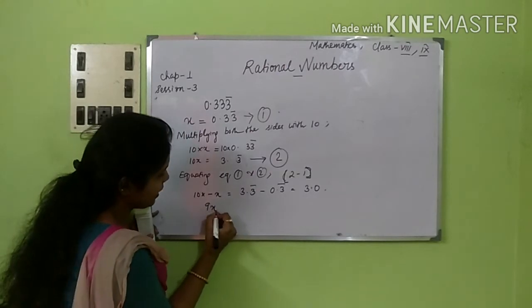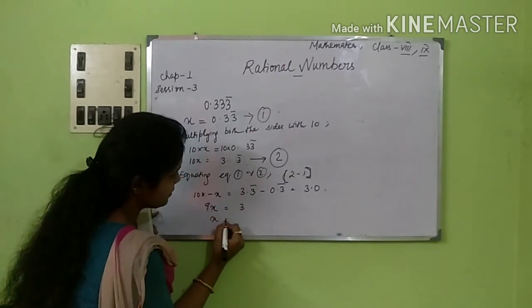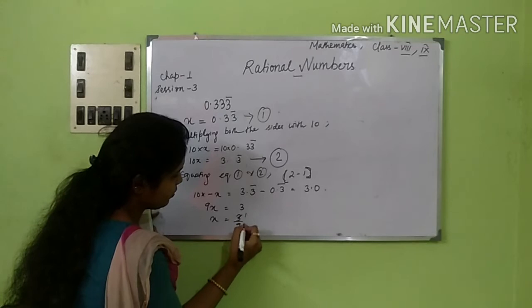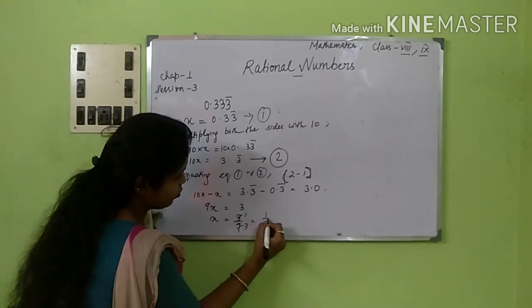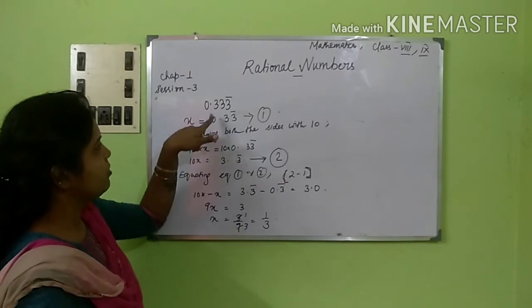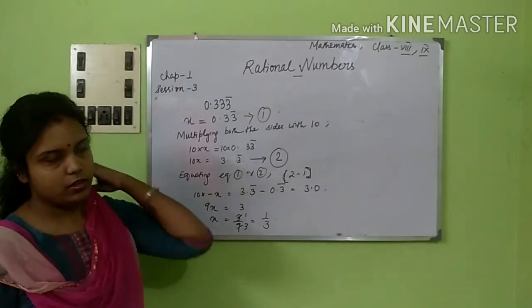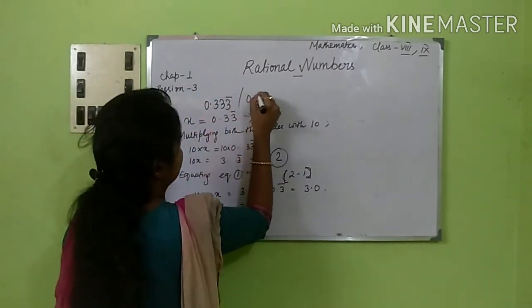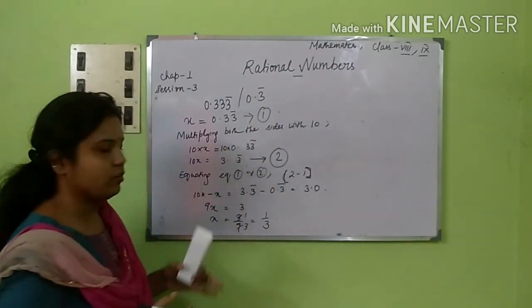So this is coming to 9x equal to 3, so x equal to 3 by 9. 3 1s are 3, 3 3s are 9, so 1 by 3. So x is equal to 1 by 3, whose decimal number was 0.3 bar.